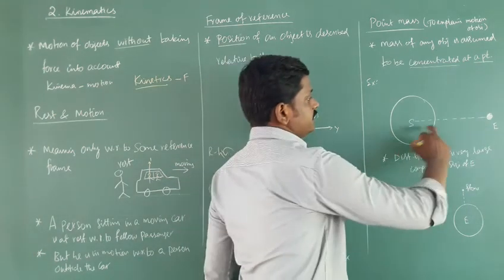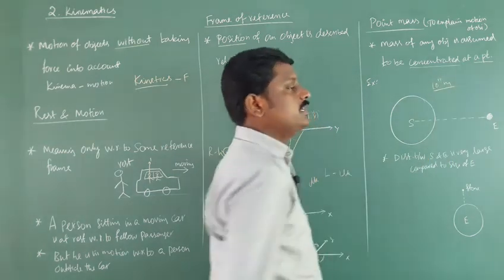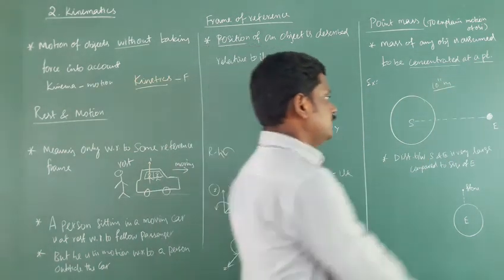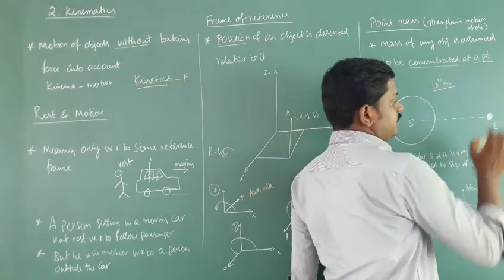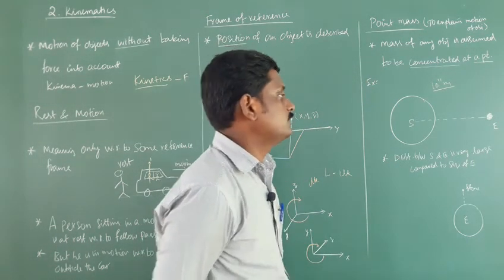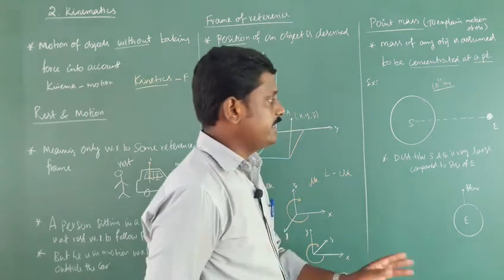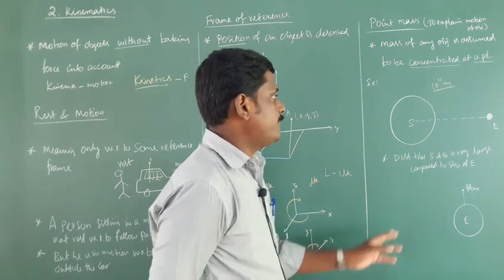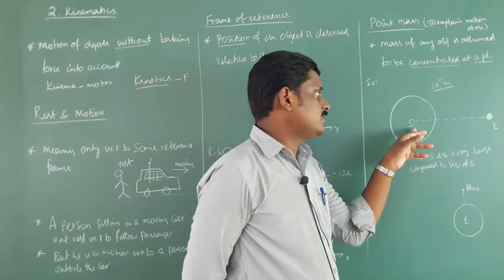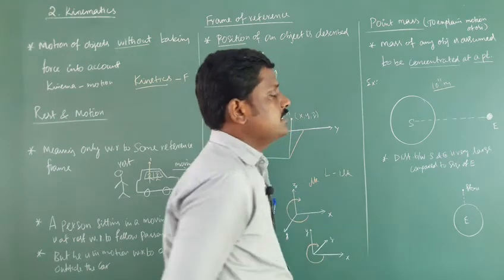The distance between the sun and earth is of the order of 10 power 11 meter, but the size of the earth, its radius, is about 6400 kilometer. Compared to the size, the distance between sun and earth is very large. So earth is considered a point mass.